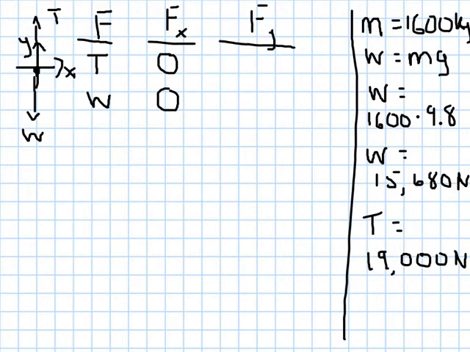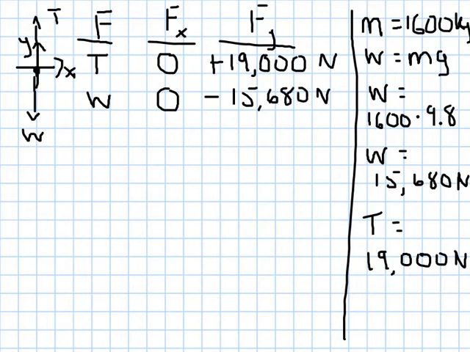So the component of tension in the y direction is a positive 19,000 newtons. It's positive because it's pointed up, which on my coordinate system is a positive y direction. Weight is pointed down. On my coordinate system, that's a negative y direction, and so that's a negative 15,680 newtons.